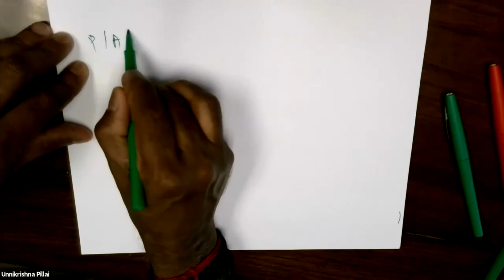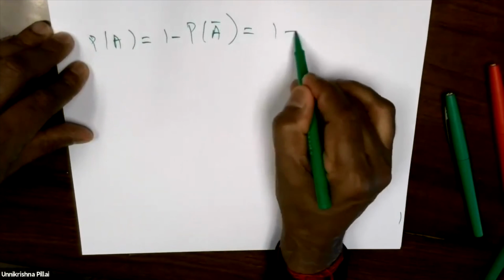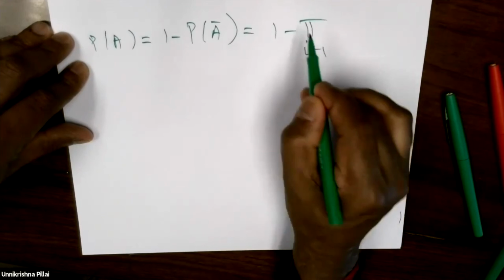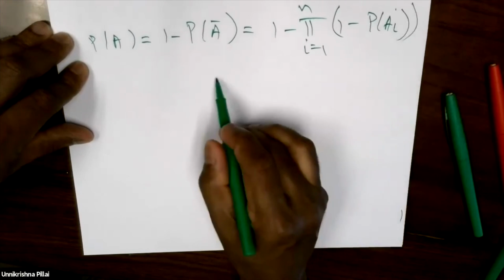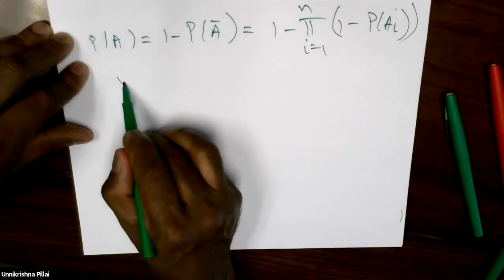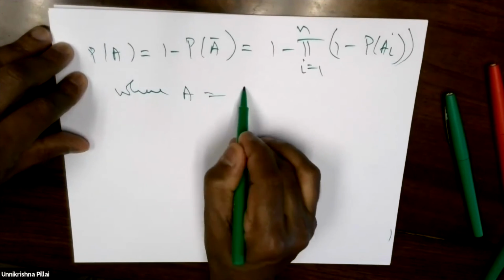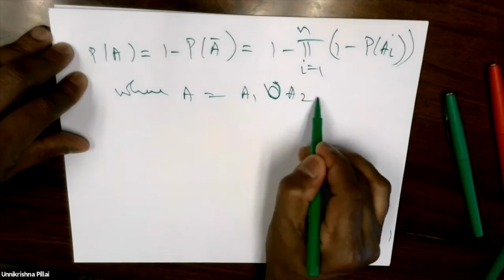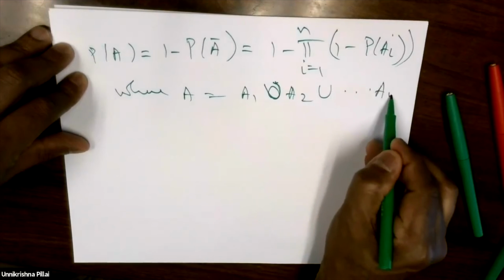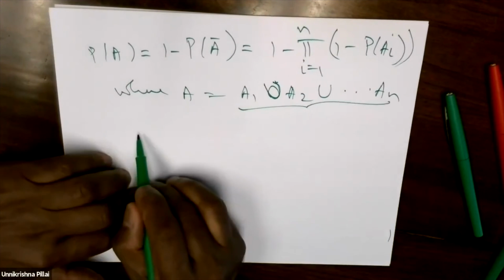And so we get the probability of A is 1 minus the probability of A bar, which is, so this is a very useful formula. Okay, so if A is A1 union A2, etc.